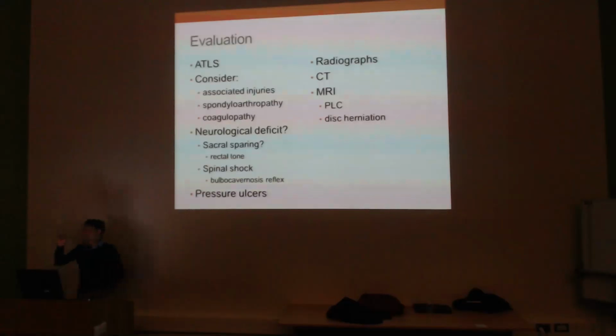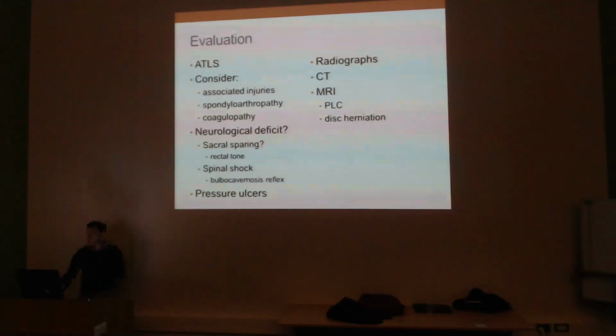You see that sort of an anal wink is what they say. Yeah. Okay. So if it's present, it means the spinal shock is over. Yeah. And that is the true neurological deficit. Yeah. So if it's not present, they're in spinal shock, and you can't say that they've got a definitive spinal level at that stage.